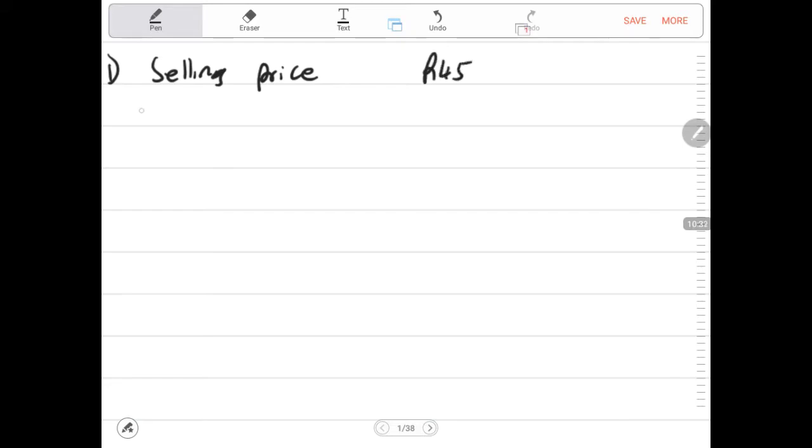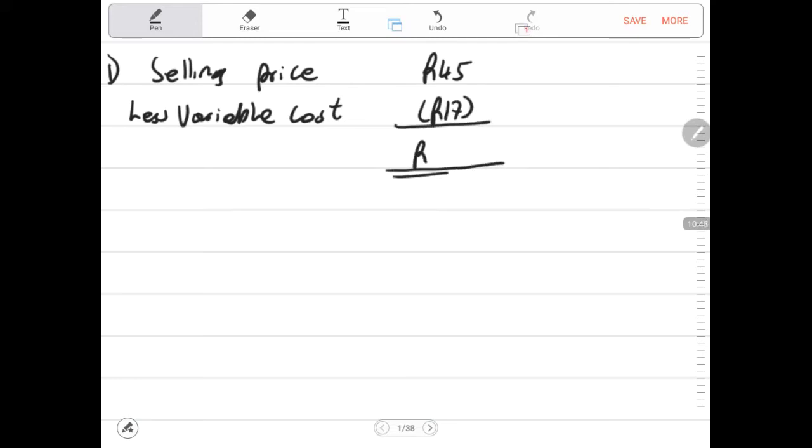Then we say less variable cost, and our variable cost was only one amount, which was 17 Rand. Then this will give us contribution per unit. Our contribution per unit is an amount of 28 Rand. Then we go to number 2.